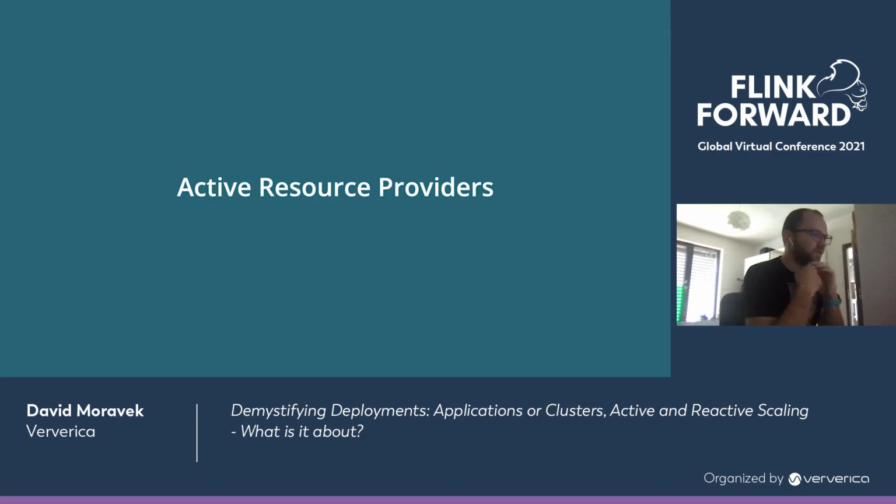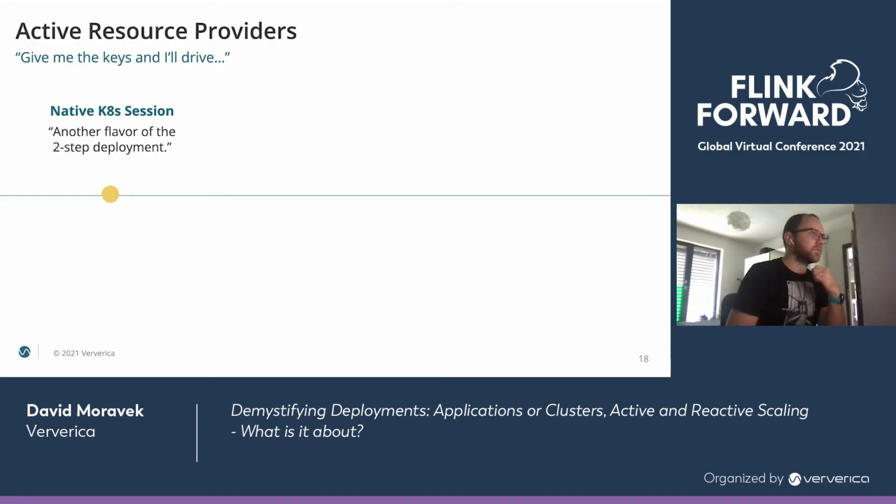And if it needs the resources, it will just automatically and actively allocate them on your behalf. It's like if you have a car, you will give Flink the car keys and Flink will drive. So let's take a look at the native Kubernetes session mode.